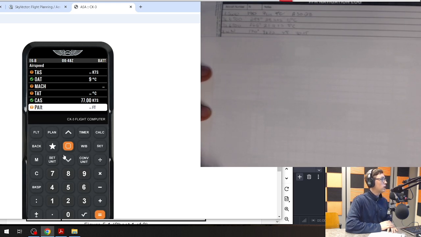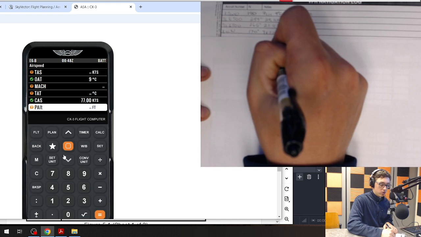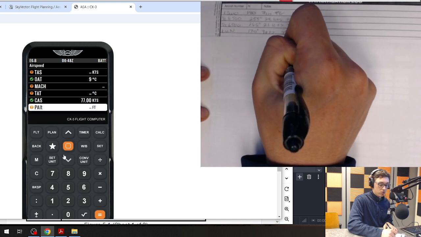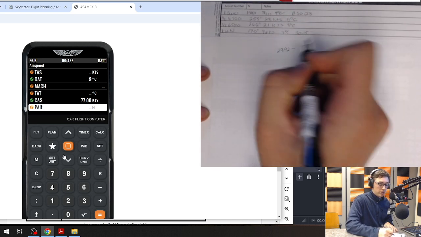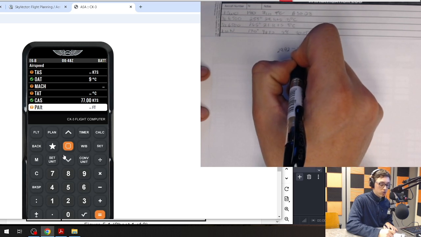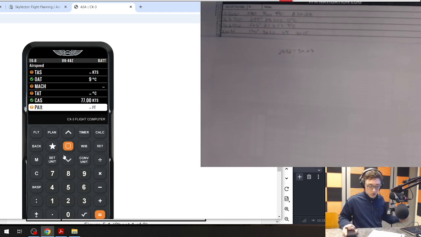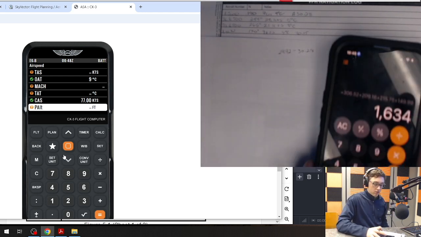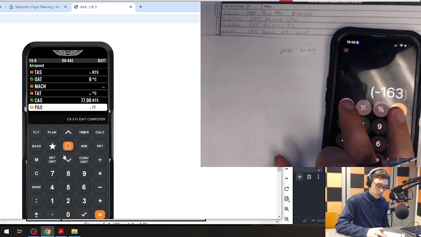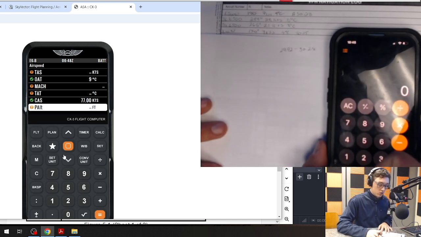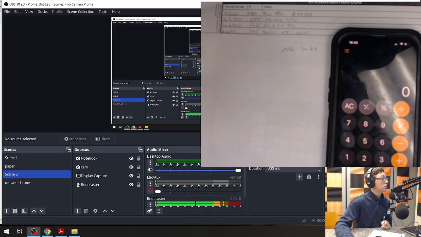On a standard day outside, the altimeter is going to read 29.92. 29.92, minus our actual 30.28. Now, when doing this, 2992 minus that, let's get my calculator up here. So 2992 minus 30.28.